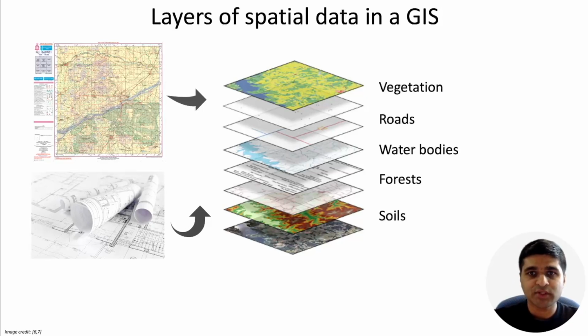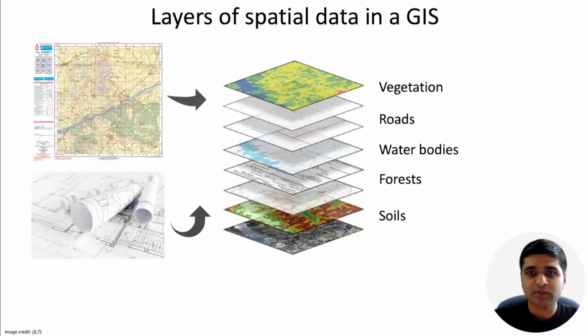With GIS, it is easy to turn these layers on and off, allowing us to focus on only what matters at that moment, maybe roads for planning transportation, or soil and water for agricultural activities. This ability to mix and match layers helps planners, scientists, and decision makers to figure out how features relate, answer questions, and solve problems much more quickly.